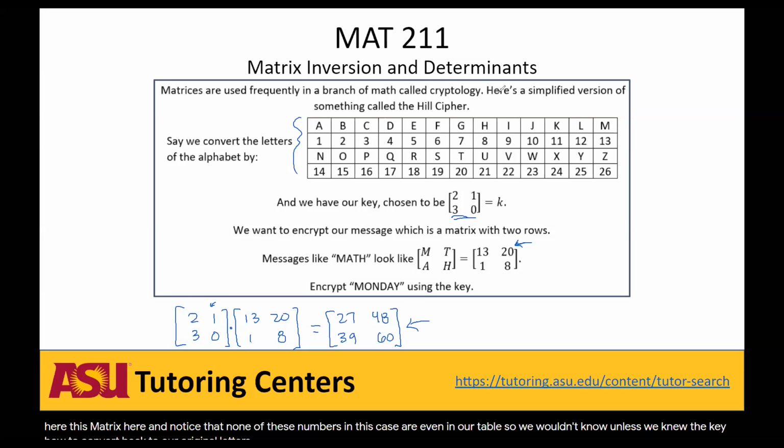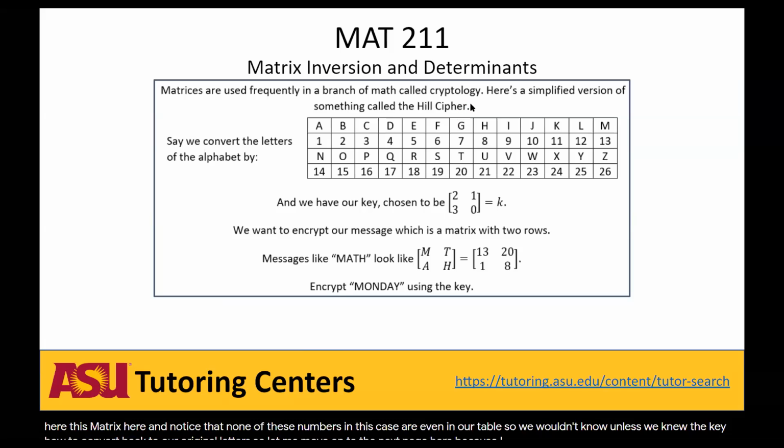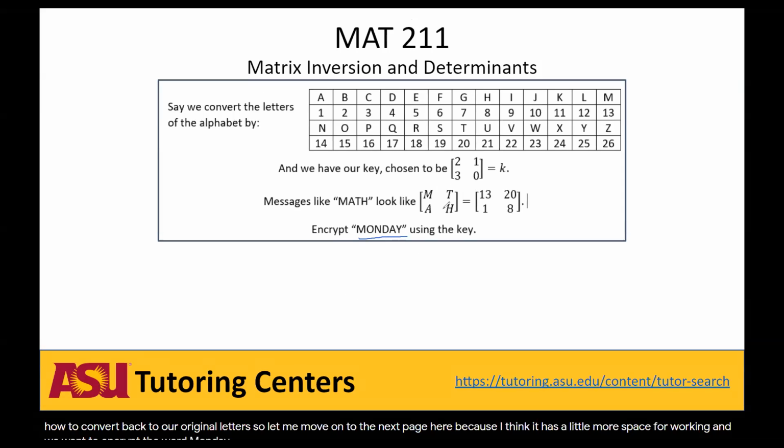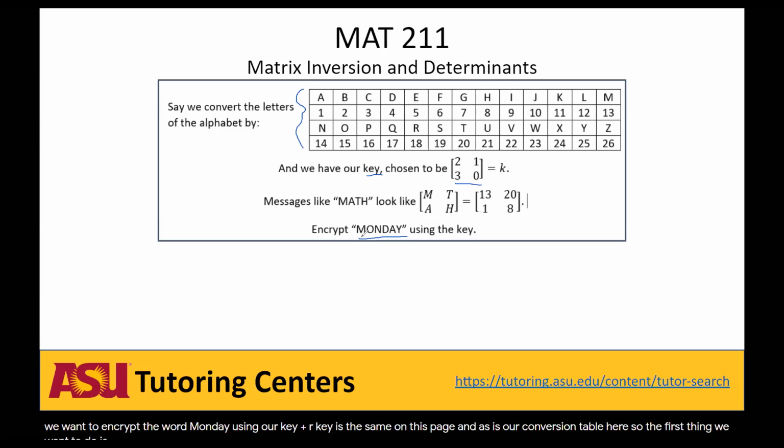Let me move on to the next page here because I think it has a little more space for working. We want to encrypt the word Monday using our key. Our key is the same on this page, as is our conversion table. The first thing we want to do is put Monday into our message matrix. Again, remember that we have to have 2 rows.